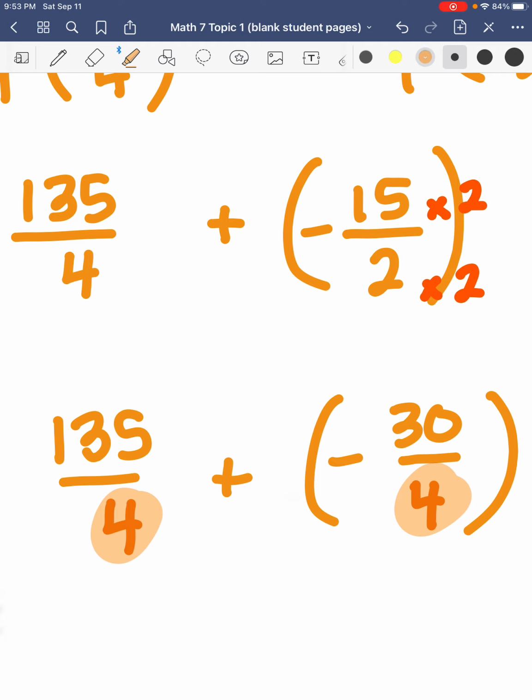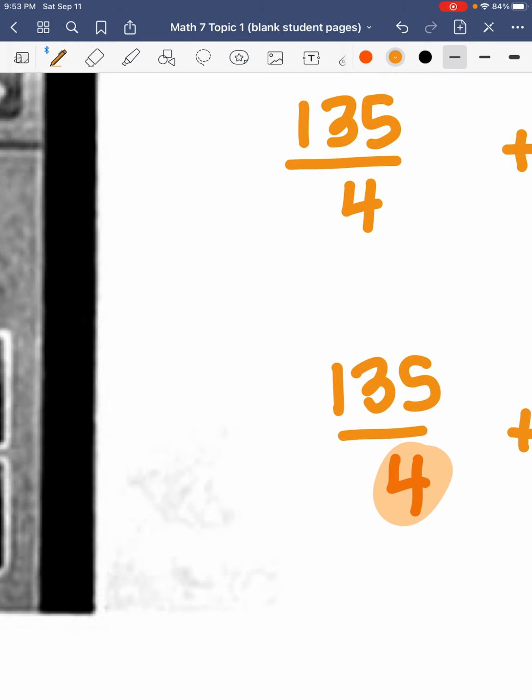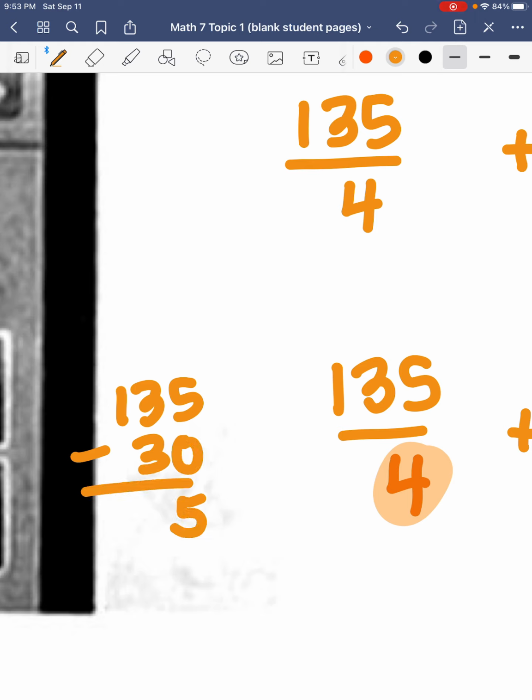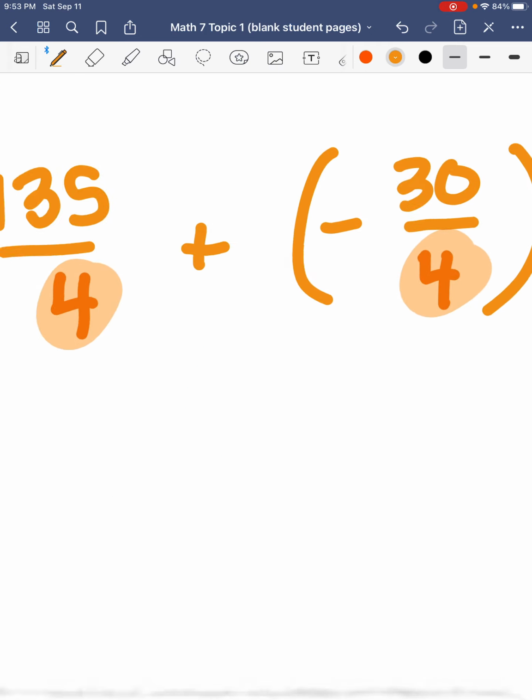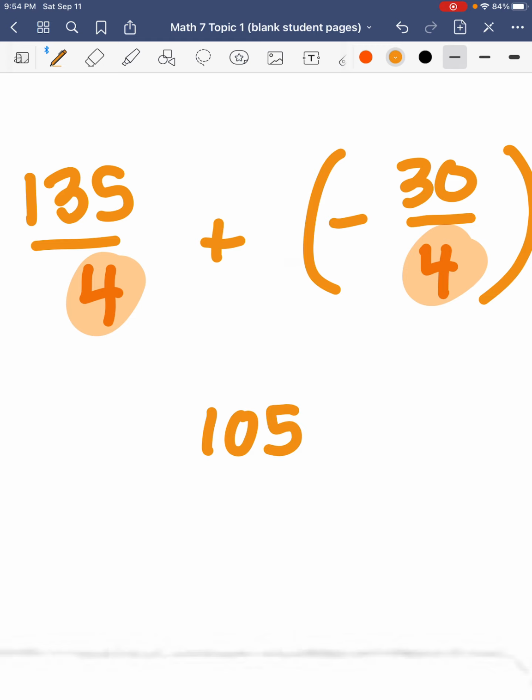So 135 plus -30. Well, because one's positive and one's negative, I'm going to subtract. So we really have 135 minus 30. 5 minus 0 is 5. 13 minus 3 is 10. So I get 105, and it should be positive because my bigger number is positive, over 4.